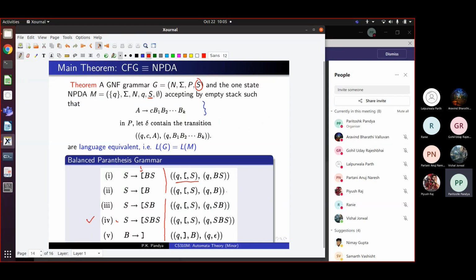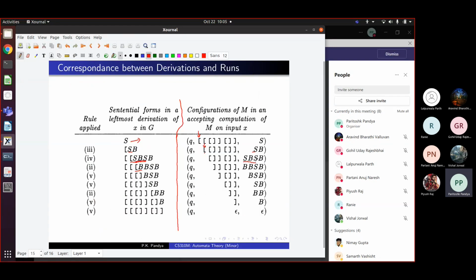Whatever happens here is being mimicked in the run of the automaton. The part of the sentential form which consists of a sequence of terminals gets consumed from the input string, and the part of the sentential form which consists of a sequence of non-terminals comes onto the stack, and the two have a one-to-one correspondence. So at the end, when we get something which looks like this, you will wind up with a configuration which looks like this.